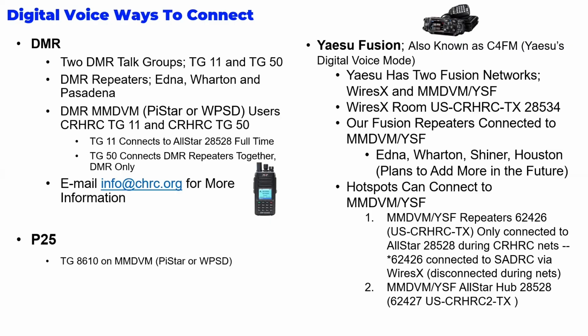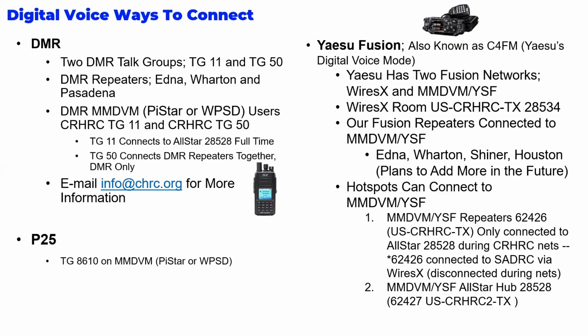Okay, so the third mode, Yaesu Fusion. Brian, you want to go ahead? All right, so Yaesu Fusion is kind of our most popular digital mode, and a lot of people have access to Yaesu radios.